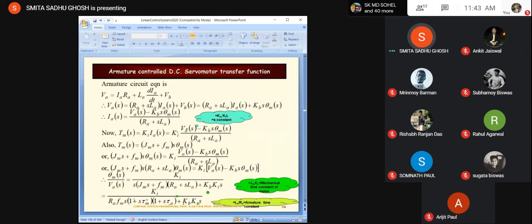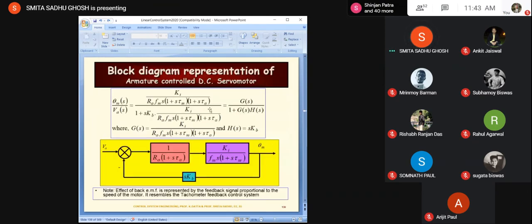This quantity is the quantity by which we divided the numerator and denominator, and the final result we saw over there. Now if we denote the numerator as G(s), so Ki by Ra Fm whole into (1 plus s tau m) into (1 plus s tau a), this whole thing is denoted as G(s).